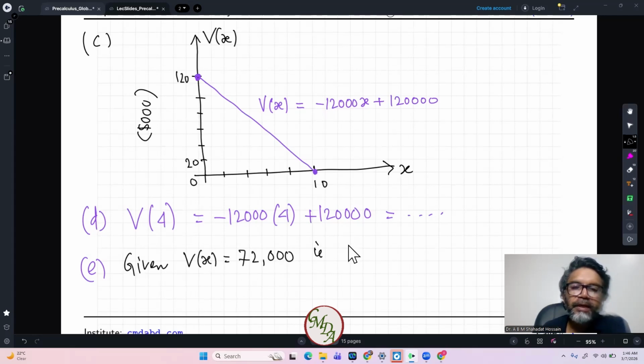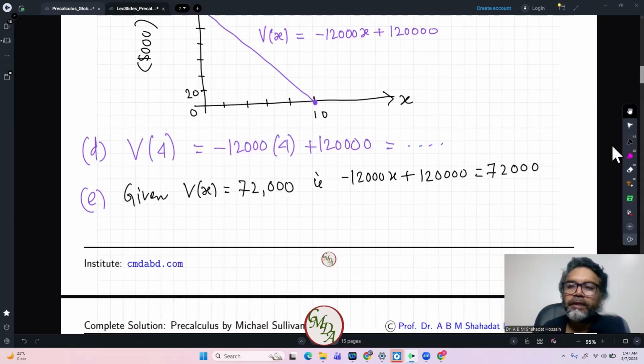That means we can write minus 1,200x plus 120,000 equals 72,000. Now we need to solve this equation for x, and it's very straightforward. I guess you can do this.